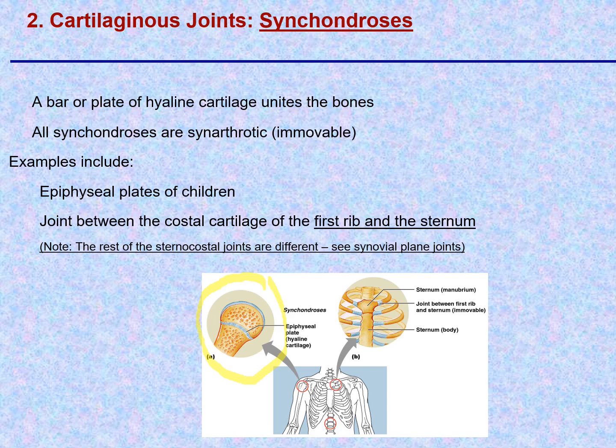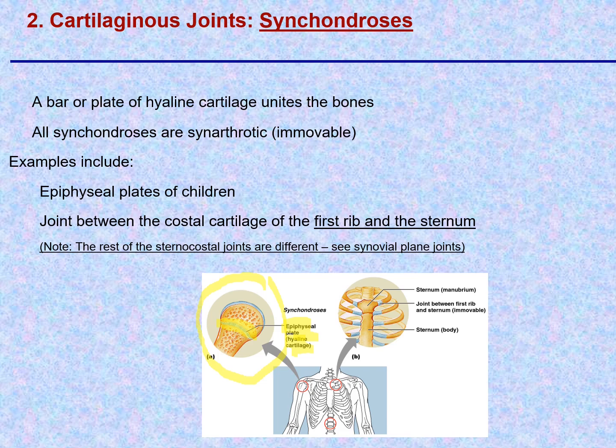Long bones found in the arms, hands, legs, and feet grow in length in children, and the only way that they can grow is if they have a region at the end of the bone, shown here in this diagram, which contains hyaline cartilage, and on either side new bone tissue is being laid down, new bone matrix material.